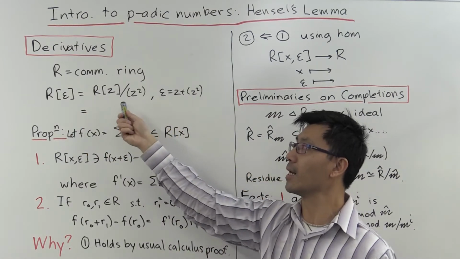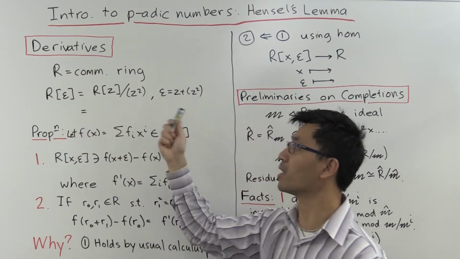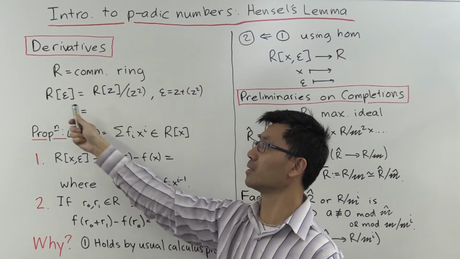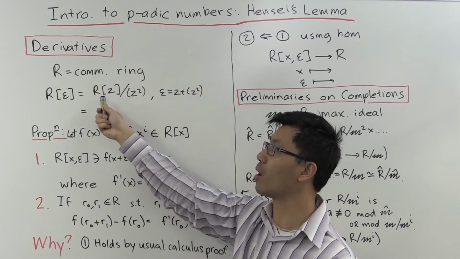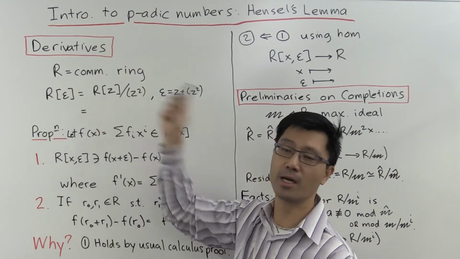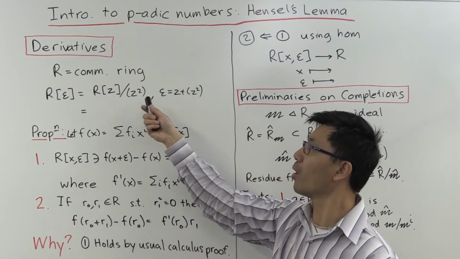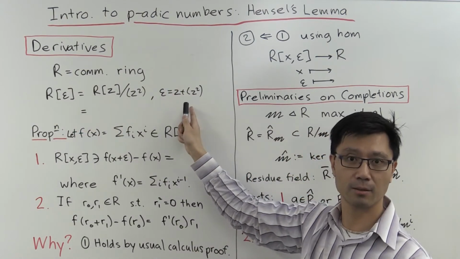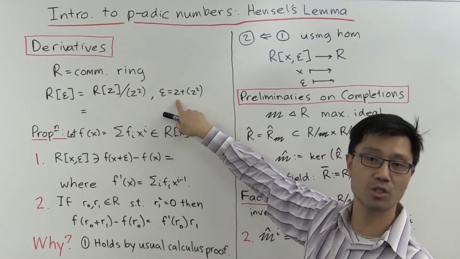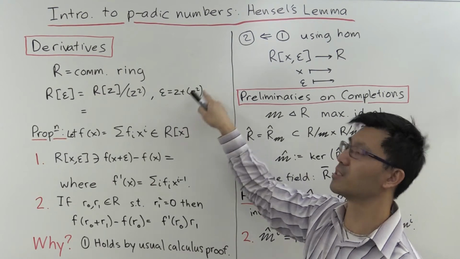Well, in algebra, we can make actual sense of this by introducing the following ring, R[epsilon]. So what is that? It's just a quotient of the polynomial ring with coefficients in R, R[z], modulo z squared. And so we can let epsilon be the coset containing z. And the key point here is that if you square this element, of course, you get the coset containing z squared, which is 0.